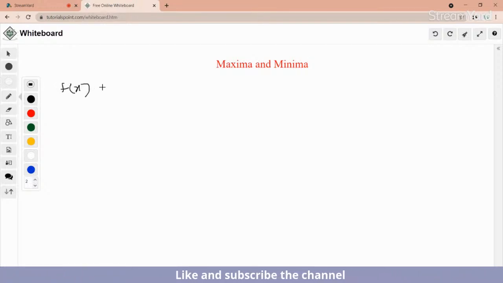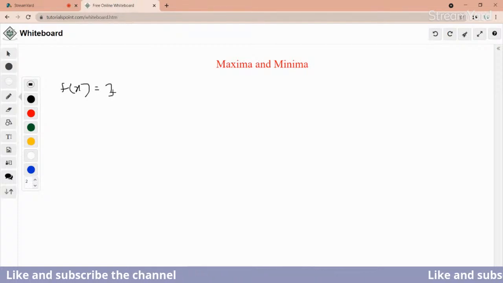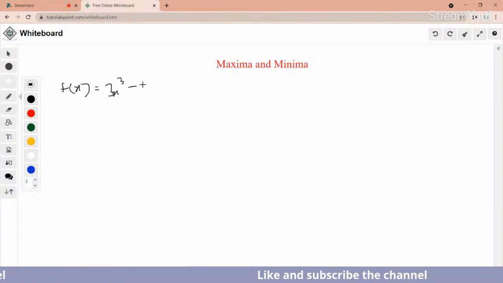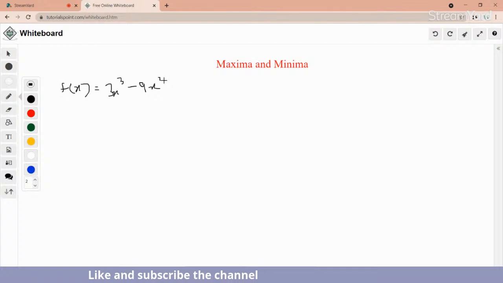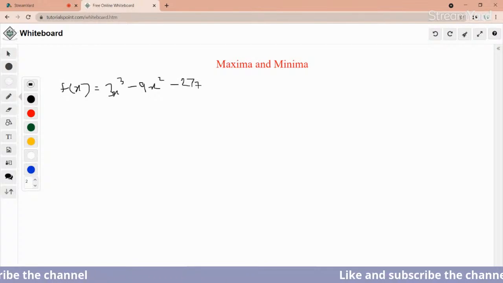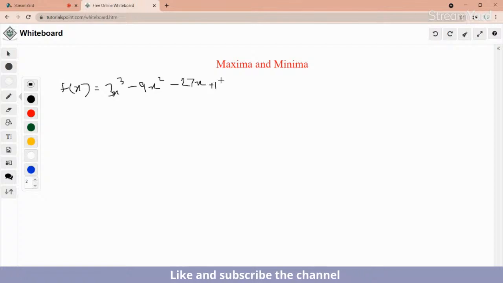F of x is equal to 3x cube minus 9x square minus 27x plus 15.